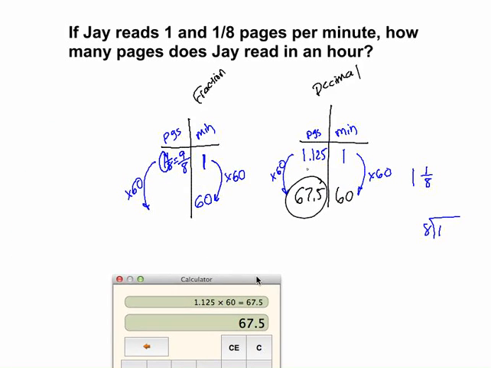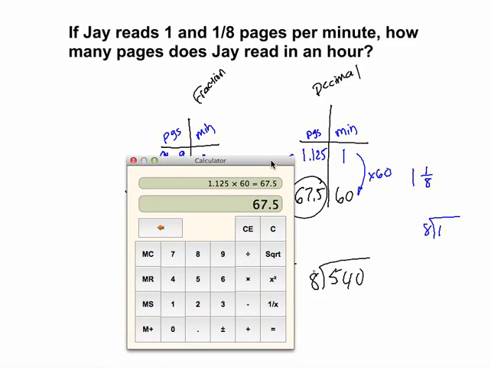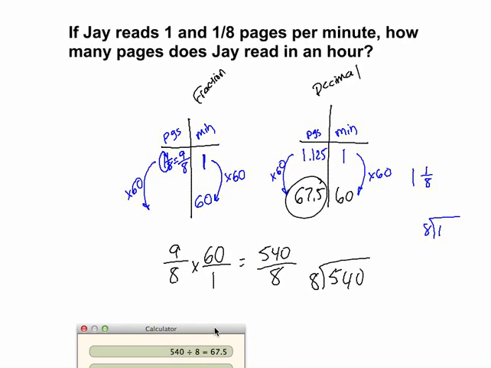If you're doing it with fractions, you would do 9/8 times 60, and remember 60 over 1, that would be 540 eighths. And then you would have to divide that out, 540 divided by 8. It would be 6, and you would have 48, then 60 minus 56.